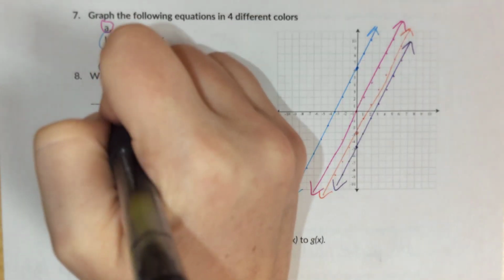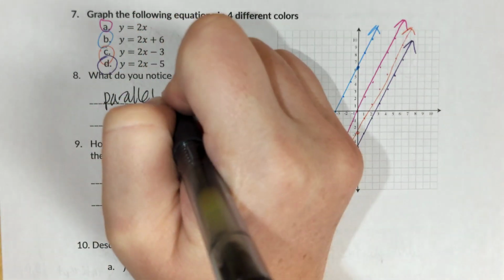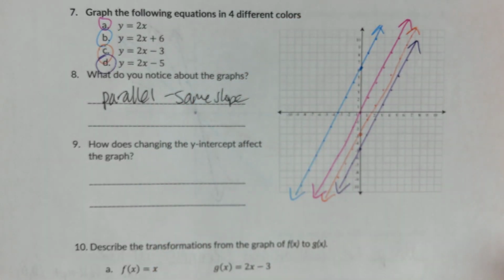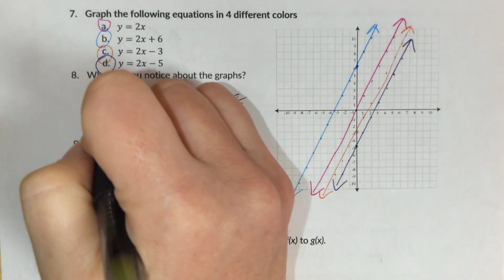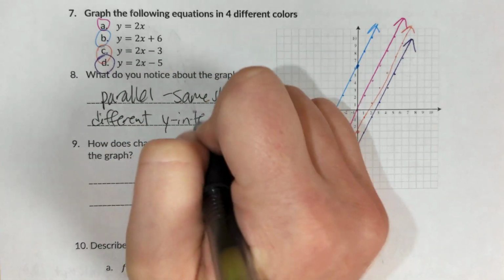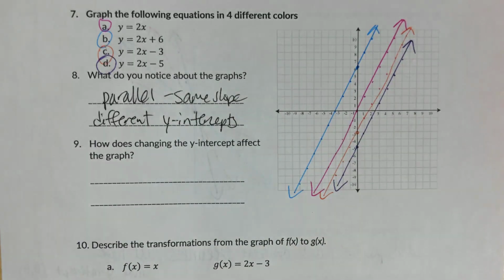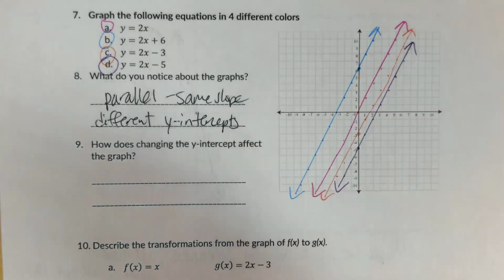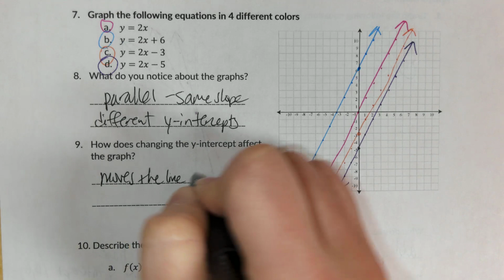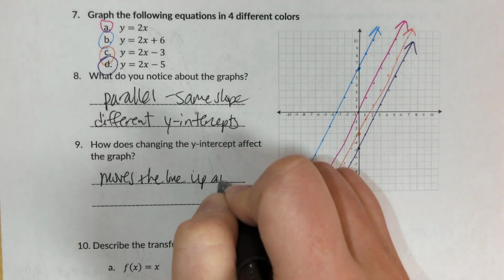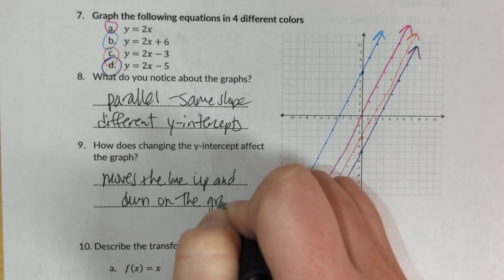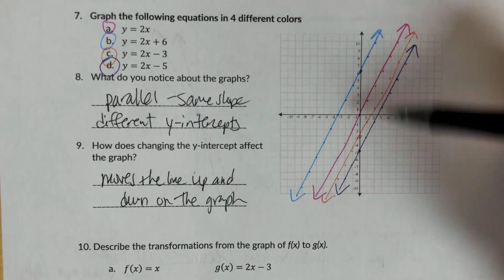They're all parallel, meaning they have the same slope, but they all have different y-intercepts. So just changing the y-intercept just moves the line up and down on the graph. Okay, so that's kind of what we've done here.